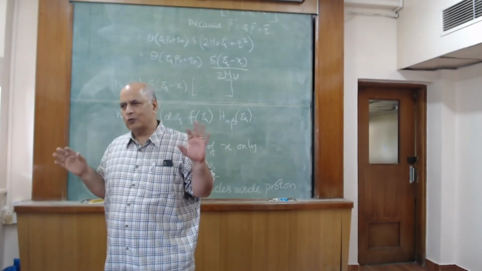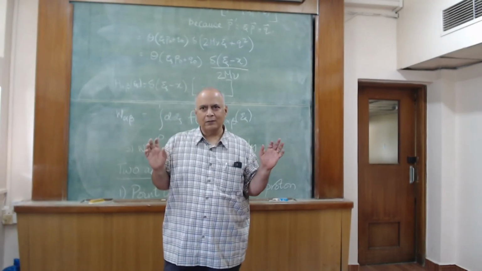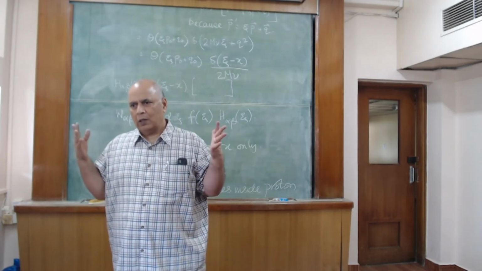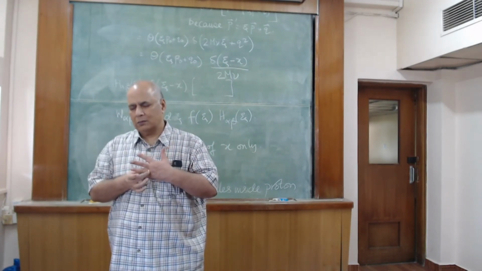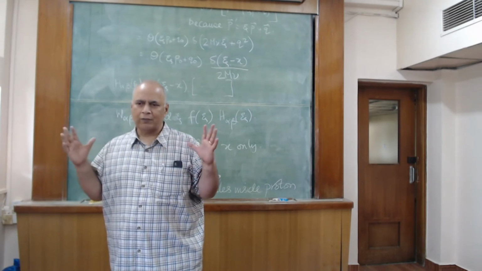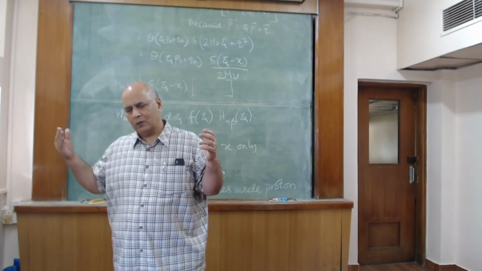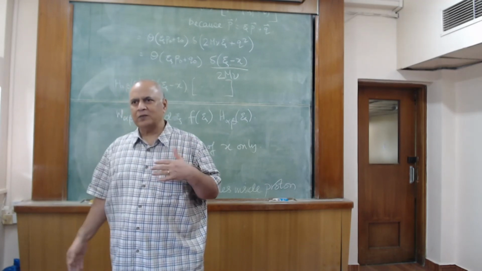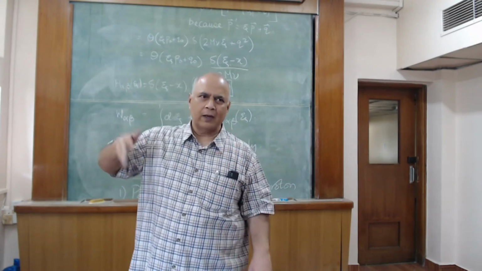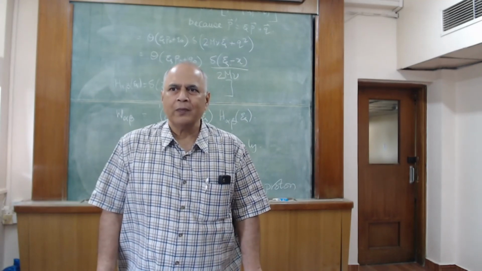People use these terms, hard interaction and soft interaction. Basically, the hard interaction implies the projectile undergoes a large momentum change, whereas soft interaction means the projectile undergoes a small momentum change.